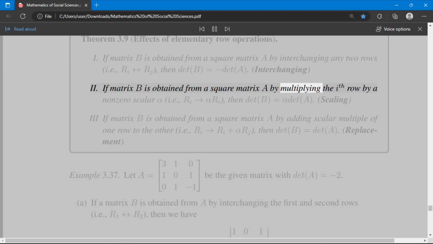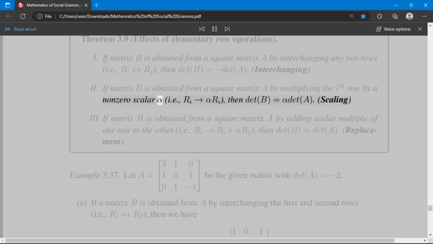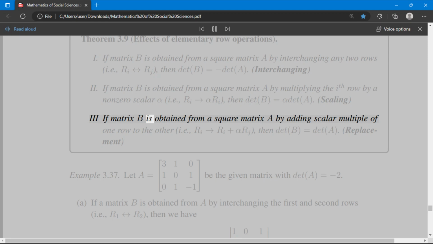If matrix B is obtained from a square matrix A by multiplying the ith row by a non-zero scalar alpha, i.e., Ri → alpha Ri, then det B equals alpha det A. Scaling. 3.